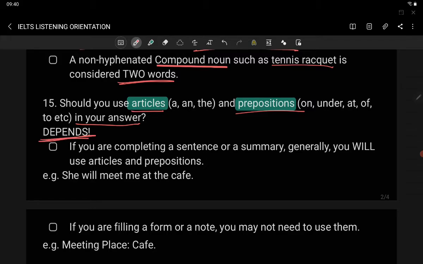If you're completing a sentence or a summary, generally you will use articles and prepositions. For example, if I were to write a sentence, she will meet me dash. She will meet me at the cafe. So over here I have to use both an article and a preposition. At is the preposition and the is the article. Okay, so I have to use both of these.